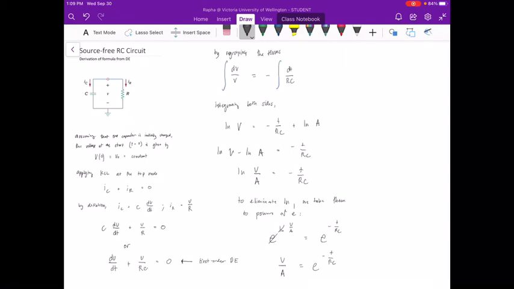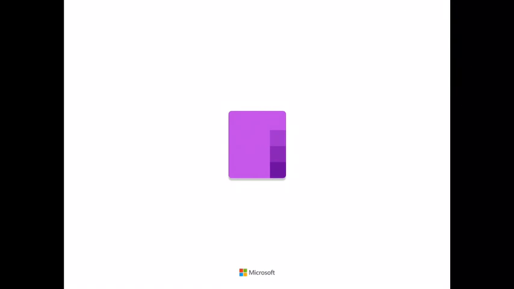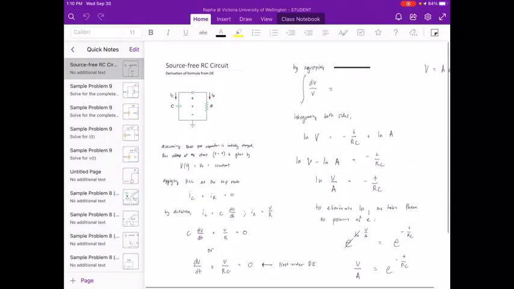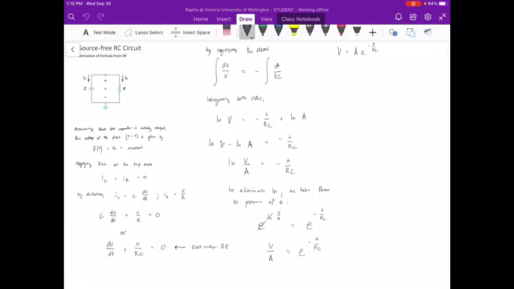Then V is equal to A e to the negative t over RC, indicating that our voltage operates as a function of time. V(t) is equal to A e to the negative t over RC.